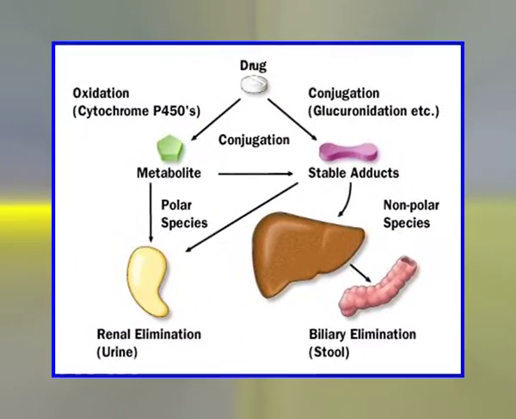There are two types of metabolic processes through which drugs undergo in the liver. In the first type of reaction, drugs are made more polar through oxidation reduction reactions or hydrolysis.